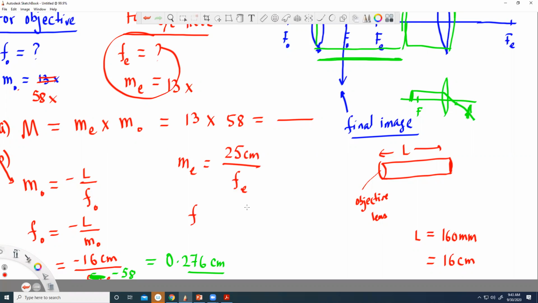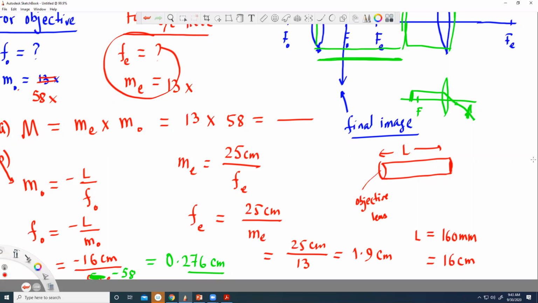FE is 25 centimeters over ME. ME is 13, I think. So that gives me a little bit less than 2, 1.9 centimeters. Okay, so that's part B.